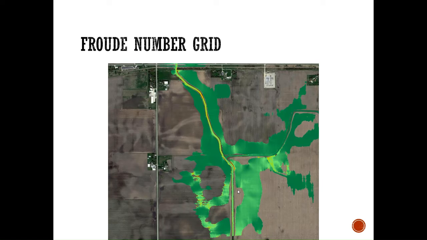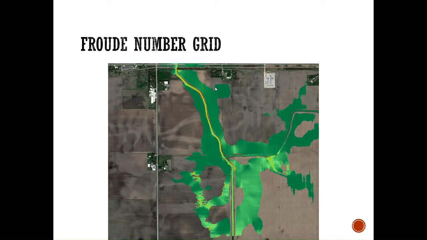I wanted to check the Froude number to see if I was getting any supercritical flow to rule out the possibility of hydraulic jumps. And what the Froude grid showed me was that the flow was well below a Froude number of 1, meaning that I really had entirely subcritical flow, no supercritical flow at all here.